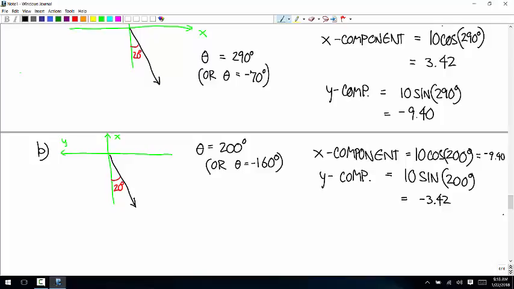You can always think of the components of the vector as being equivalent to the coordinates of the head of the vector. So if you think of just figuring out the coordinates at this point, here we're in the third quadrant, so they both have to be negative. Okay.